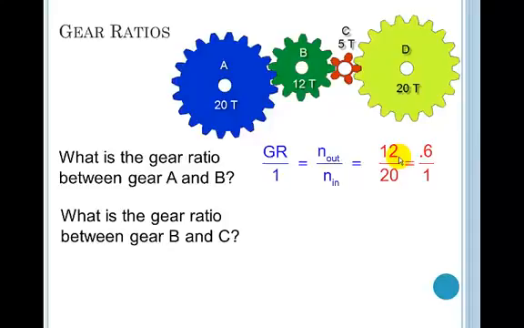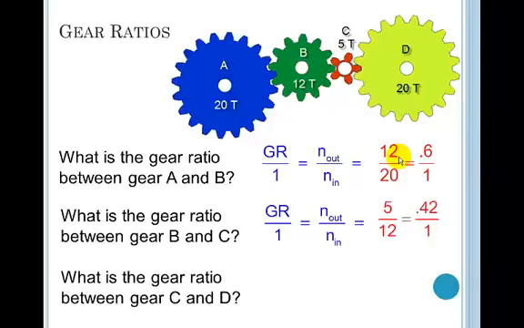Now if I do the ratio between B and C, B is the input and C is the output, so that would be 12 over 5.